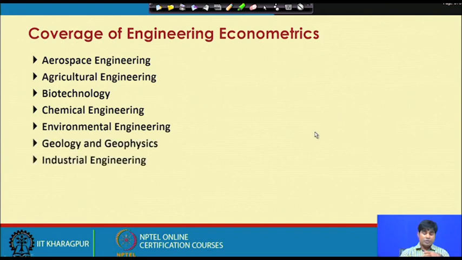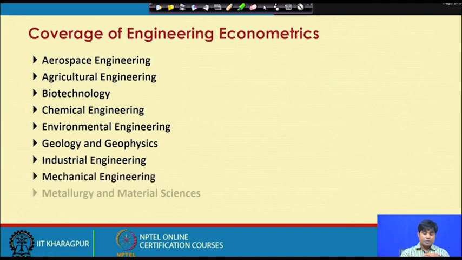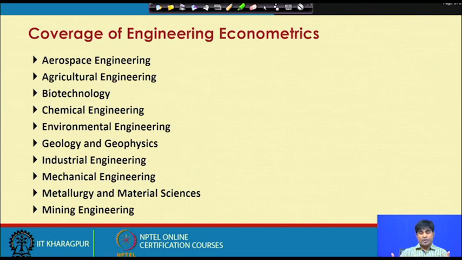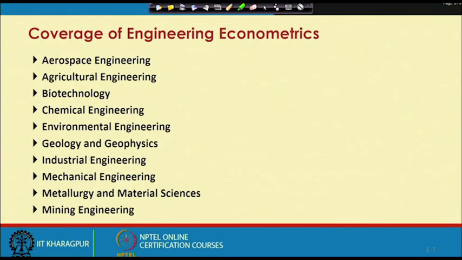Then we will connect with industrial engineering, mechanical engineering, metallurgy and material sciences, and then mining engineering. These are not the only engineering areas; we have lots of other engineering areas, but in this course, whatever units we have already highlighted, we will discuss some of the problems corresponding to these engineering areas only.